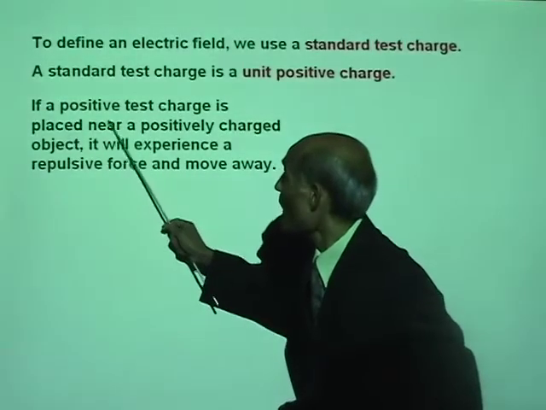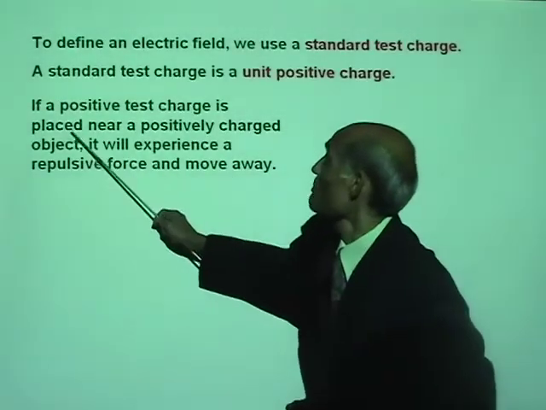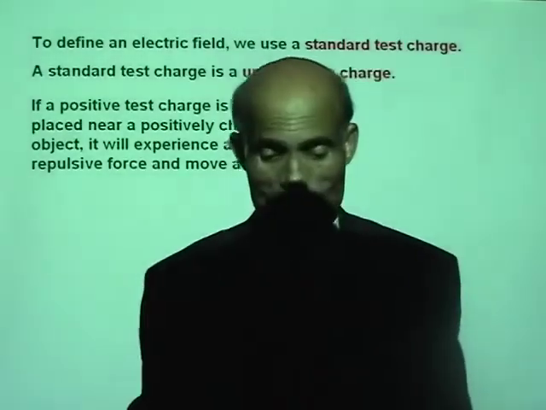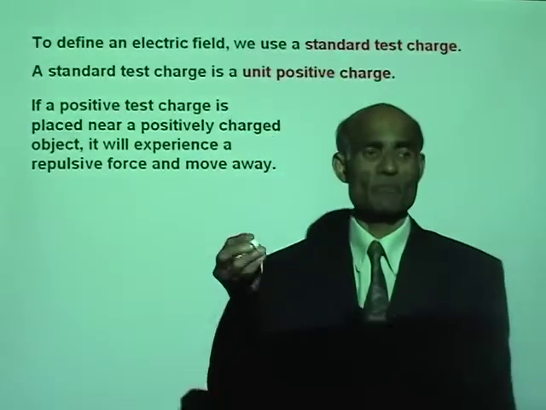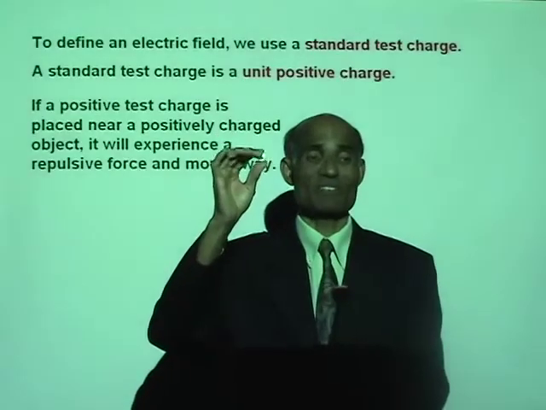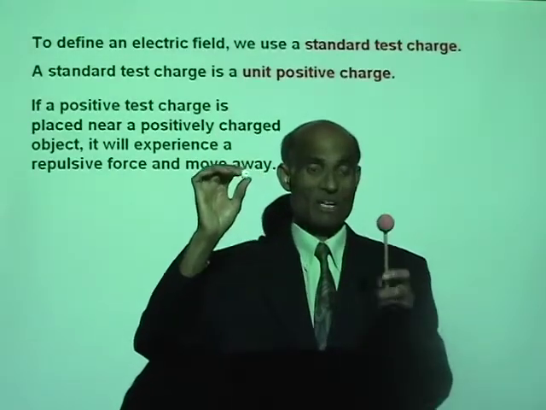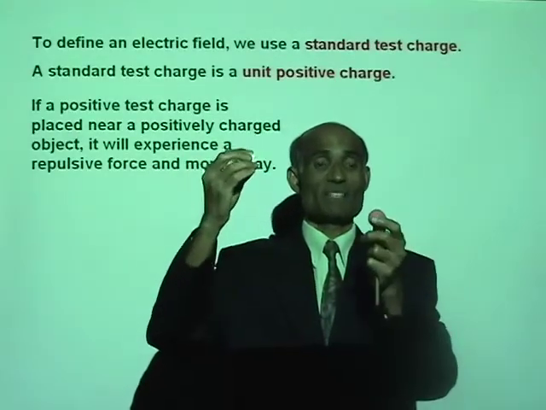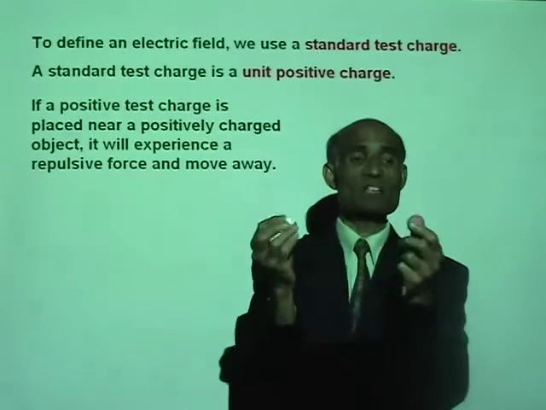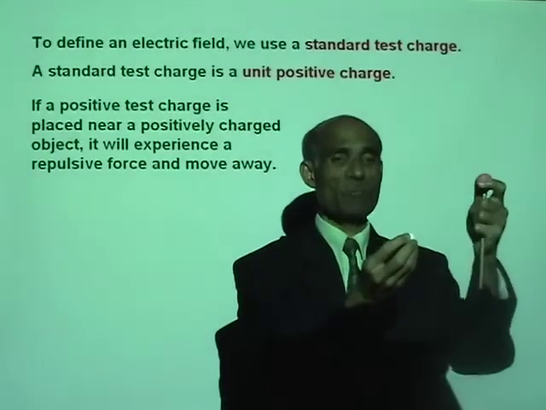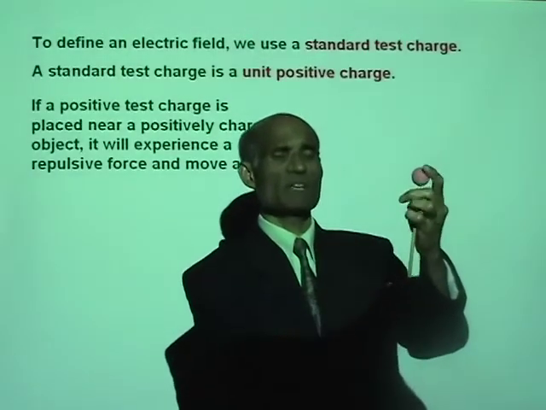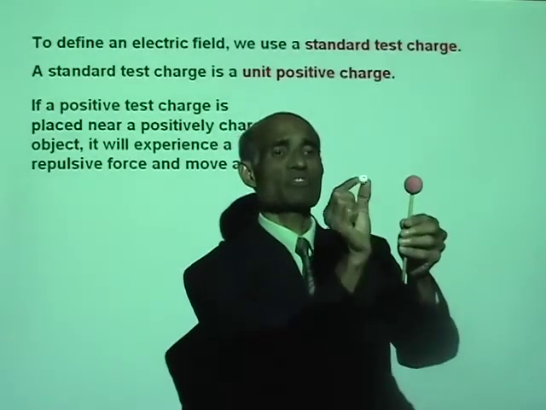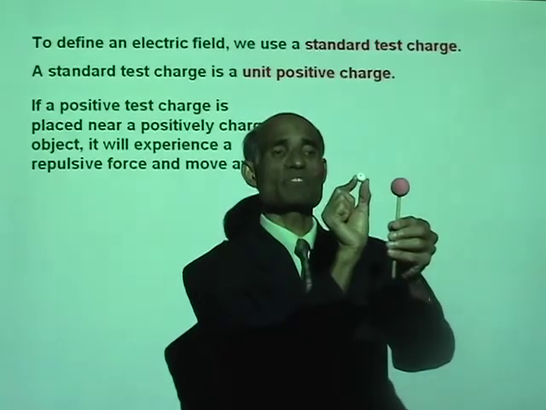So if a positive test charge is placed near a positively charged object. Now here is the positive test charge. This is a small positive charge. And here is a positively charged object, the maroon one, and this is the positive test charge.